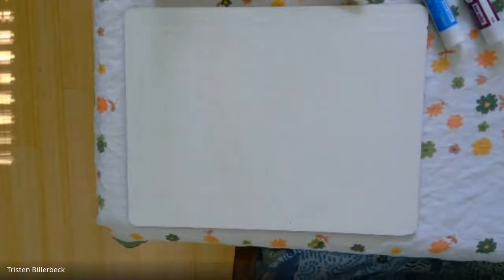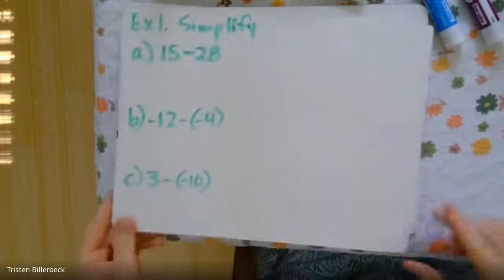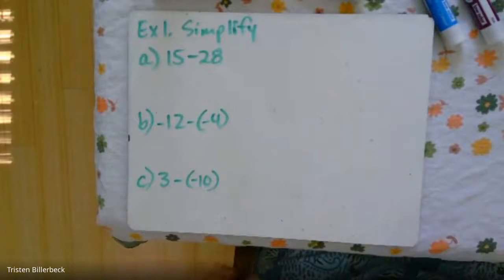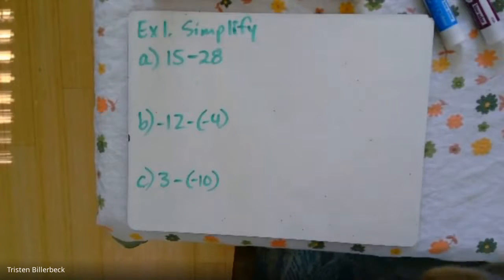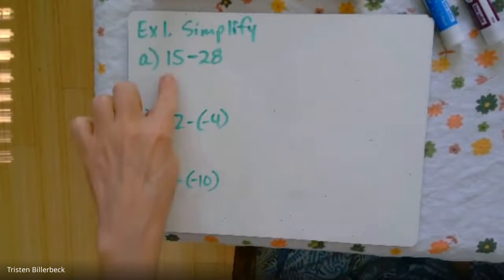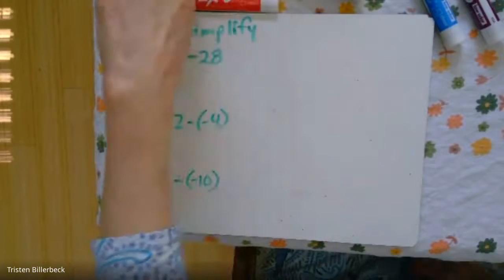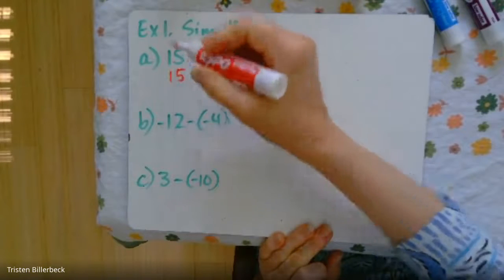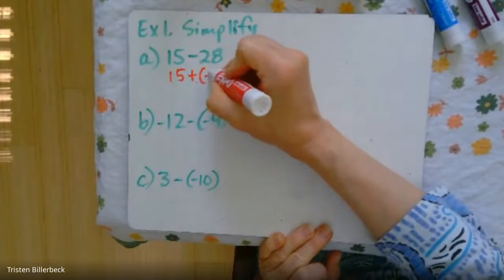All right, let's go to this one. With that in mind, if you remember, we had same sign sum. If we have the same sign, we add them and keep the sign of the bigger number. If they're different signs, we take the difference. So these have 2 different signs because we can rewrite this as 15 plus -28.